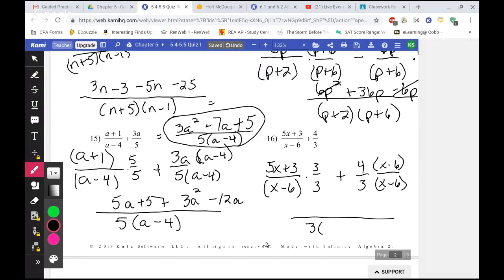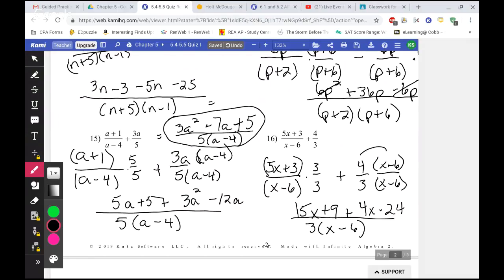So you've got a common denominator of 3 times x minus 6. And then I'm going to distribute my 3 to both the 5x and the 3. So that's going to give me 15x plus 9 plus, and then distribute this 4 to the x minus 6. So that's going to give me 4x minus 24.